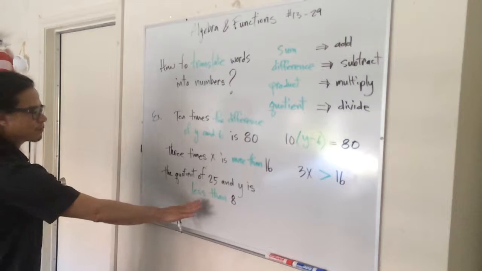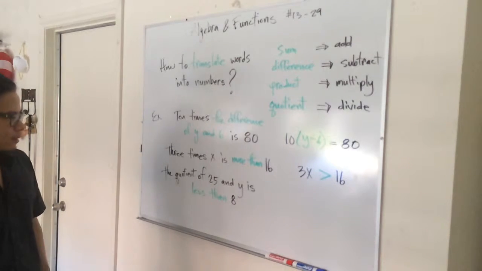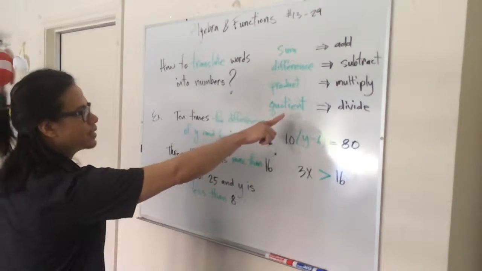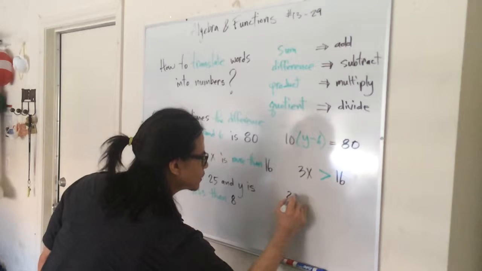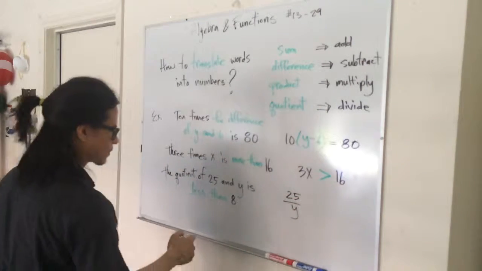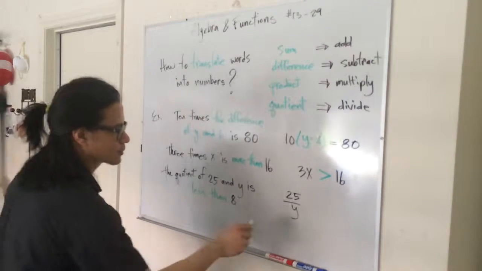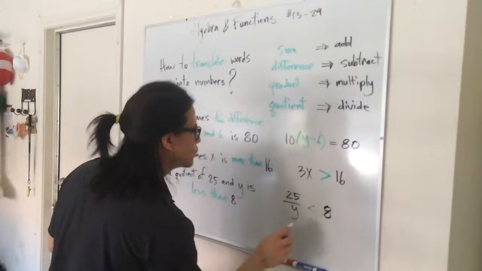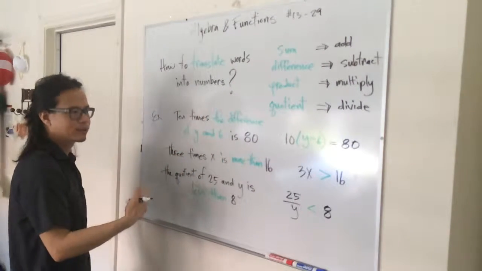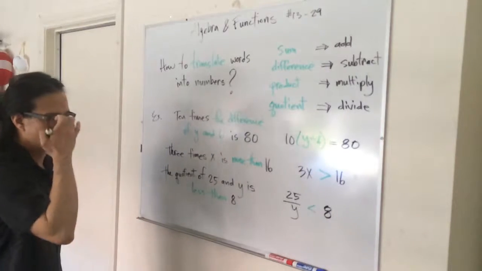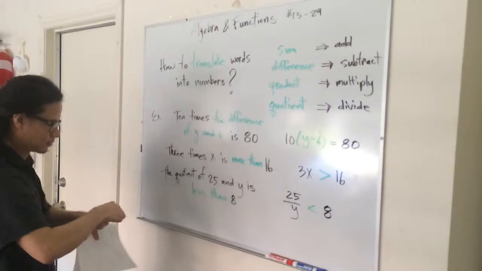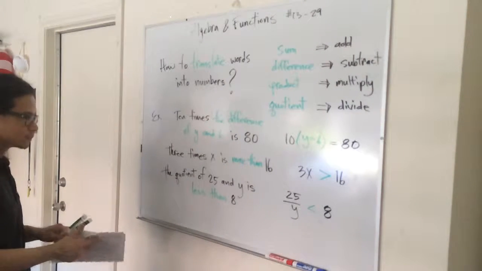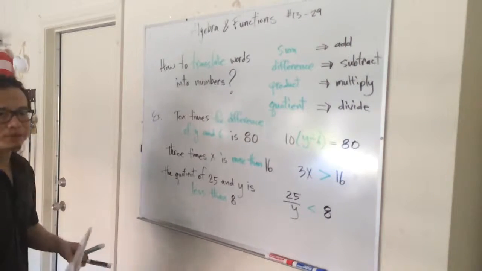Actually, it's an equation because you have less than here. So, okay. Quotient means divide. So take 25 divided by y is less than 8. Okay. Notice the question did not say solve, so we can just leave the equation alone here. We're moving right along here, guys.